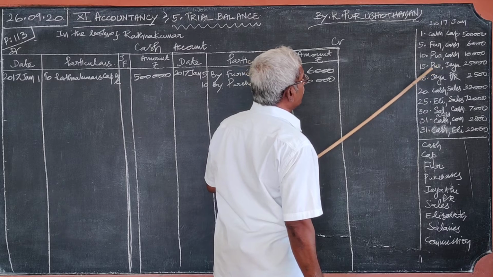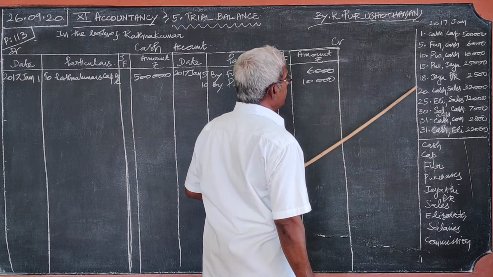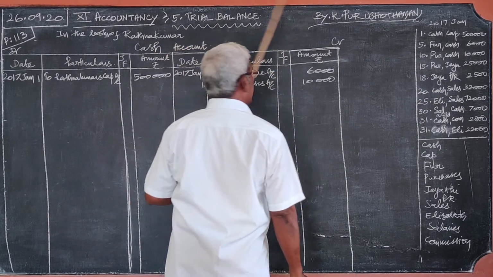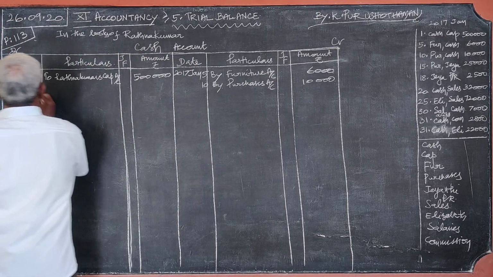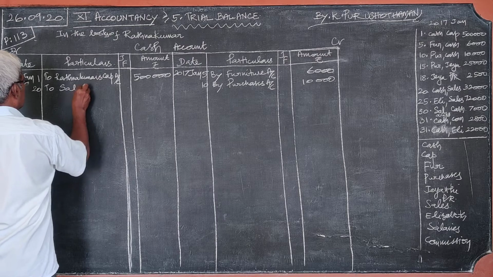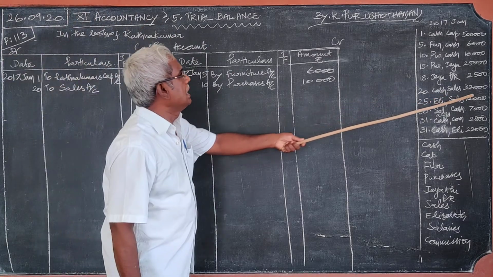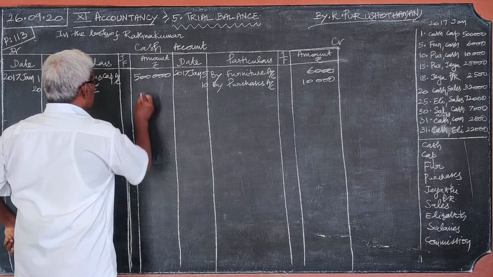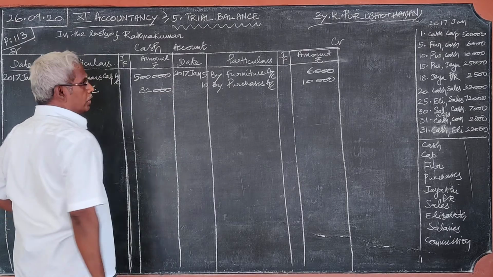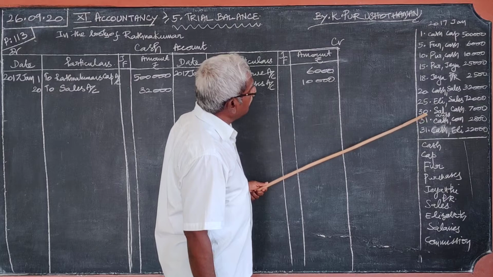Then on 15th no cash, 18th no cash, but 20th there is cash on the debit. So on the debit side, 20th to sales account. What is the amount? 32,000. Then the next cash comes on 30th.